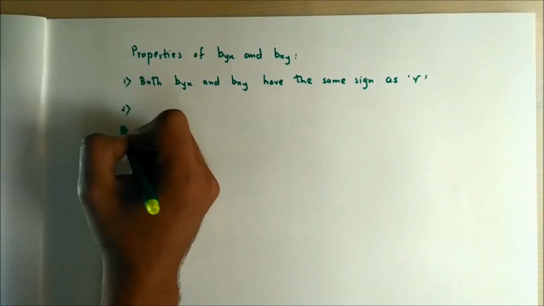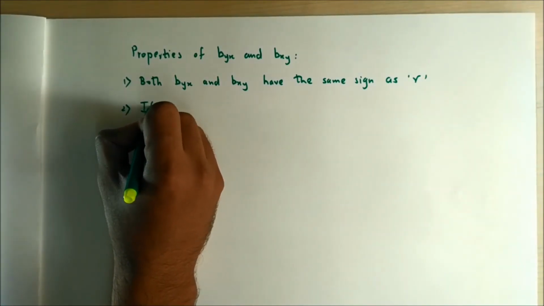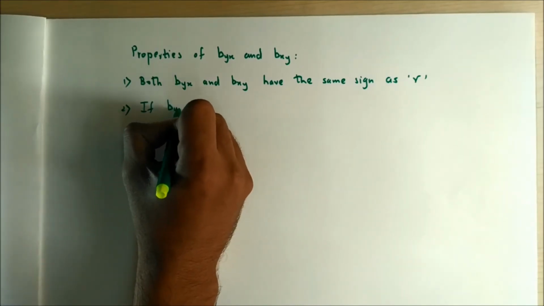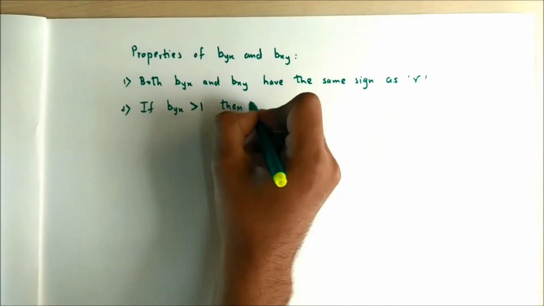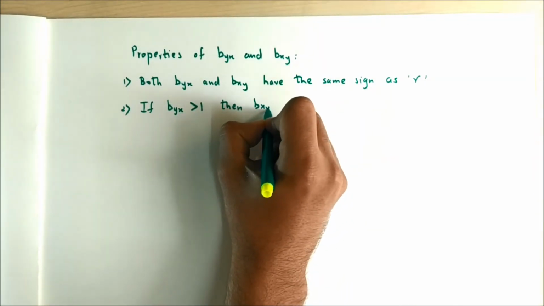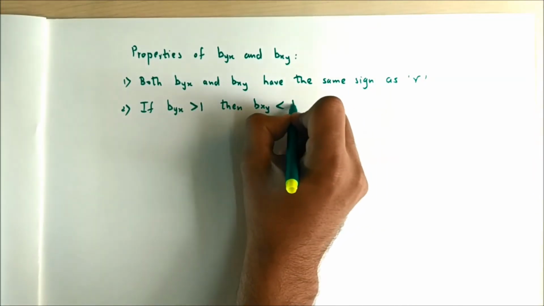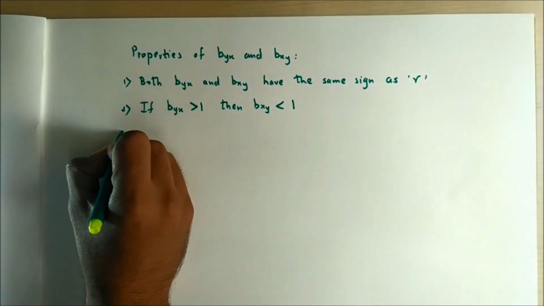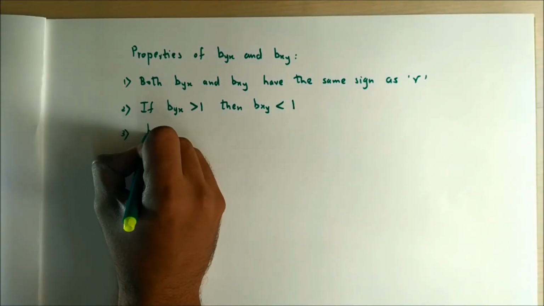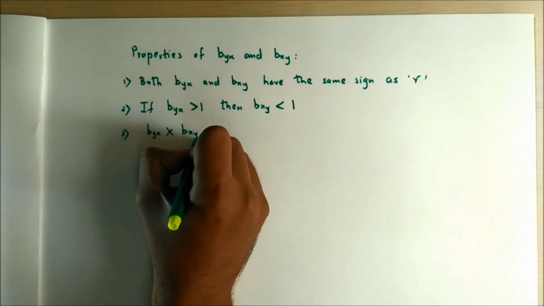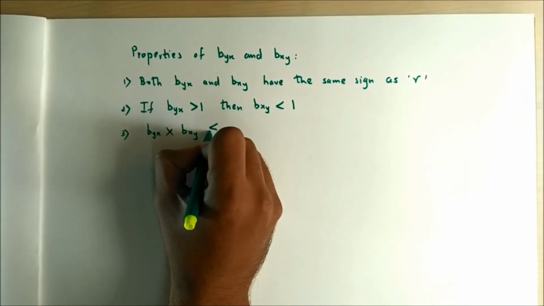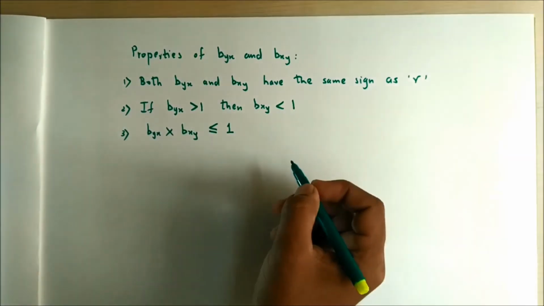The second property is, if the value of byx is greater than 1, then the value of bxy must be less than 1. The third property is, the product of the regression coefficients, that is byx into bxy, must always be less than or equal to 1.